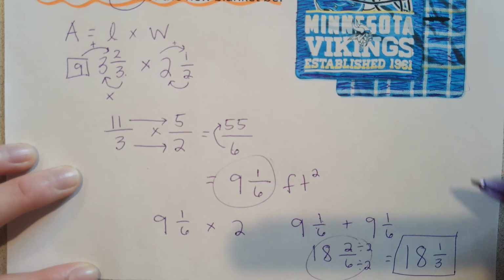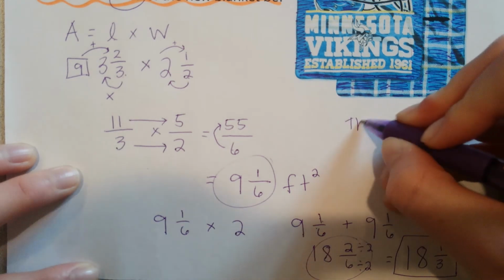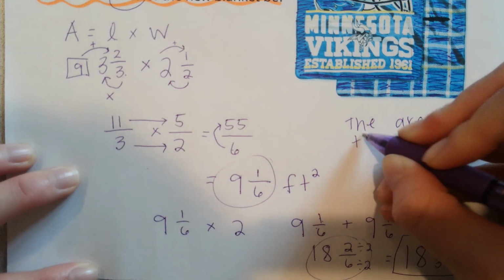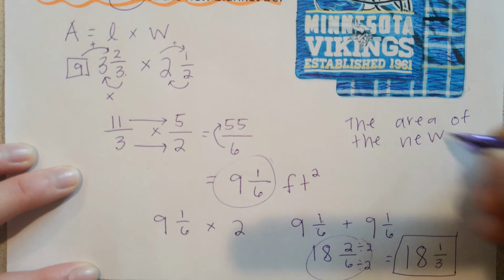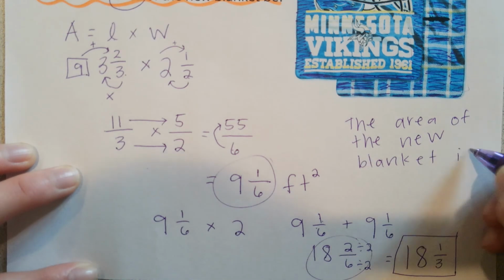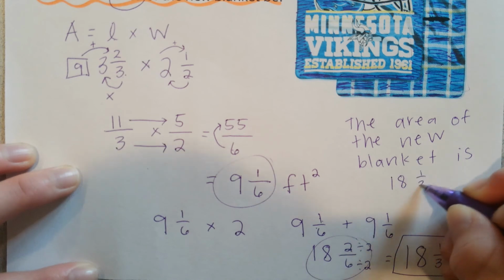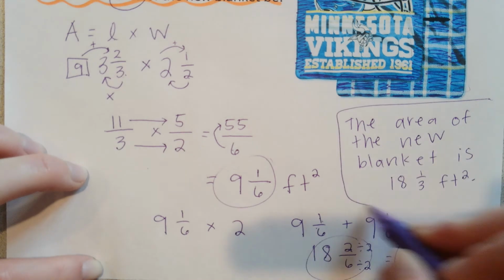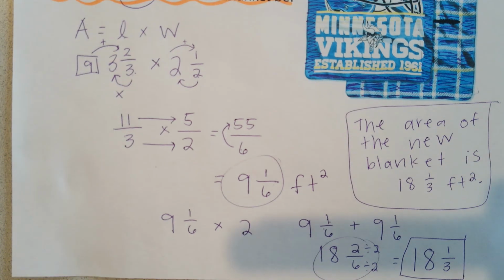So I can write this as a sentence. I could say the area of the new blanket, when I have both of them sewn together, is 18 and 1/3 feet squared because I'm talking about area. And the key word today is football.